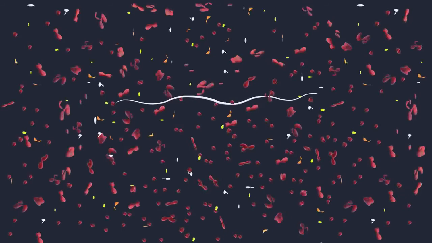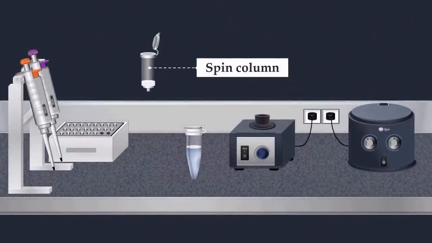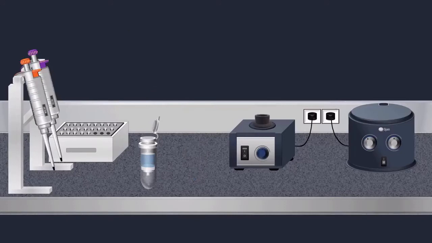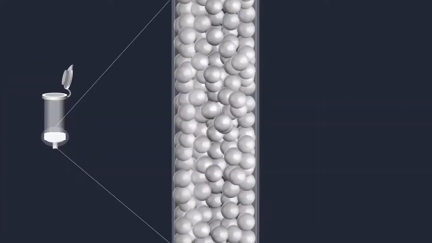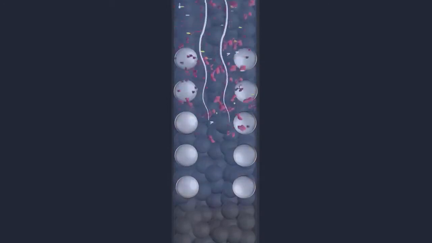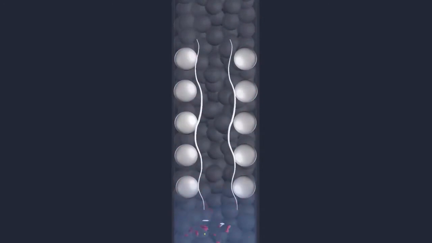Once the sample is lysed, a purification procedure is carried out by using a spin column. The sample is loaded onto the spin column. Then a centrifugation is performed. This procedure is a solid phase extraction method in which the stationary phase consists of a silica matrix. Under optimal salt and pH conditions, RNA molecules are bind to the silica gel membrane, and at the same time, protein and other contaminants are not retained.